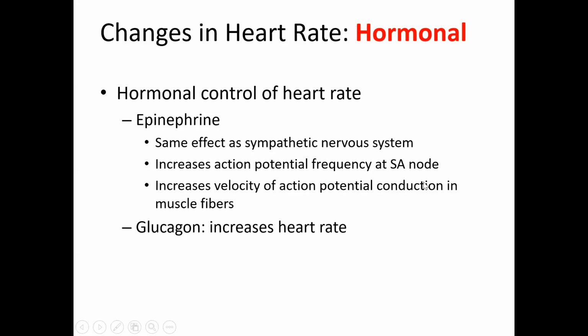It's going to increase the action potential frequency of the SA node, which will increase the rate of action potentials in the cardiac muscle. Glucagon is another hormone that actually influences the heart rate. It's going to increase the heart rate. The mechanisms here are not exactly clear, but we do want to establish that glucagon is another hormone that does influence heart rate as well.